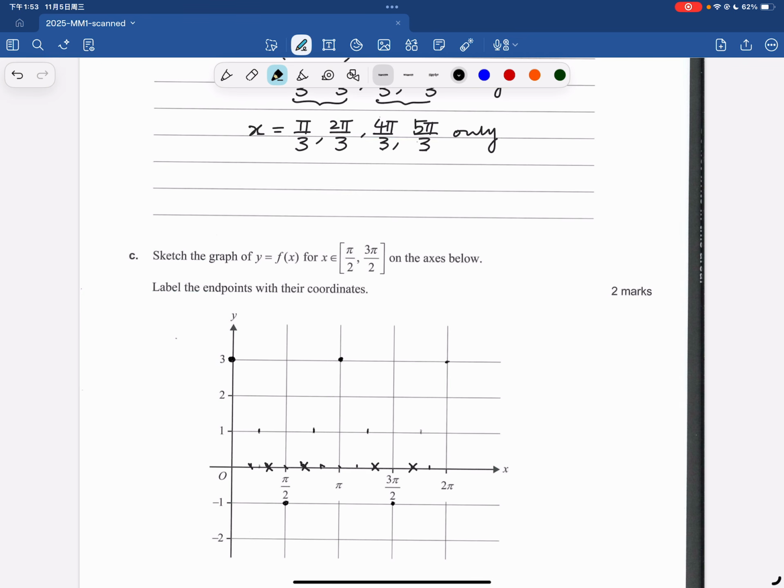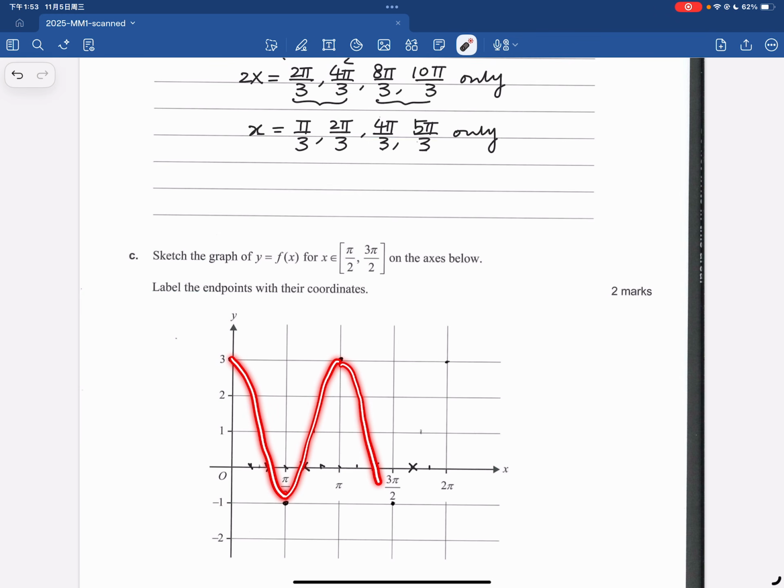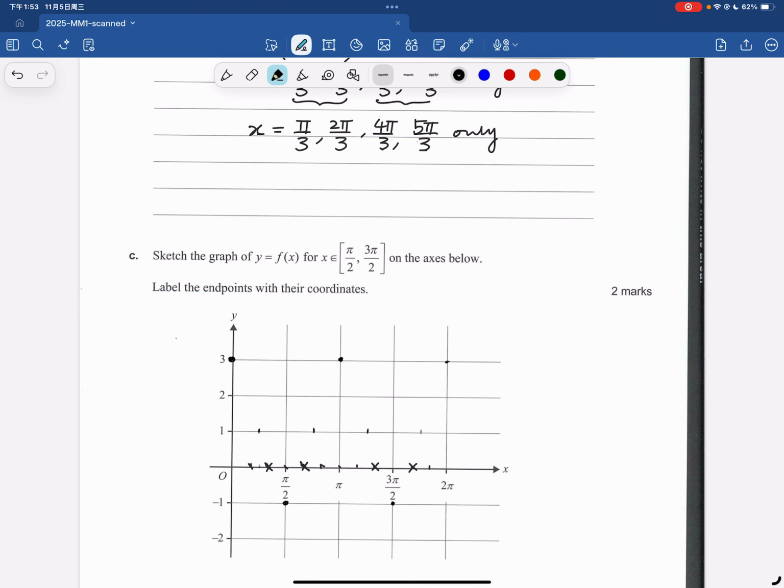But after you join everything like that, you just need the middle section. So I can just ignore this bit and this bit. Let me use a pencil. Something like that.